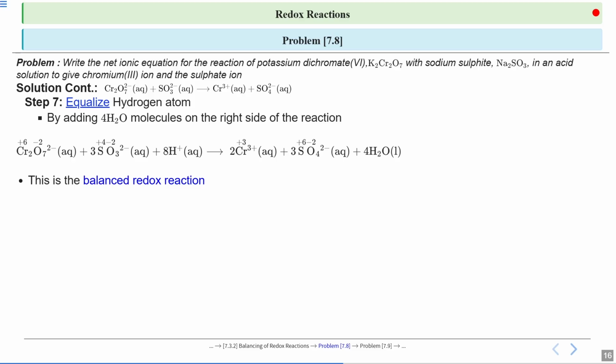Hence, we can consider this as the final balanced redox reaction, as all the charges and atoms are balanced. I hope now you have a clear idea about balancing with the help of the oxidation number method.